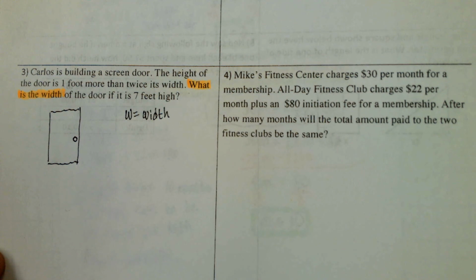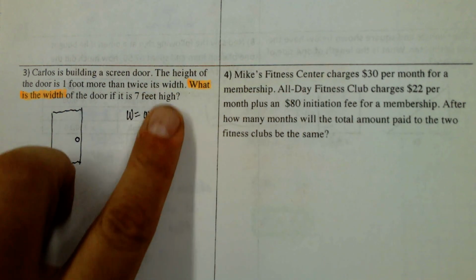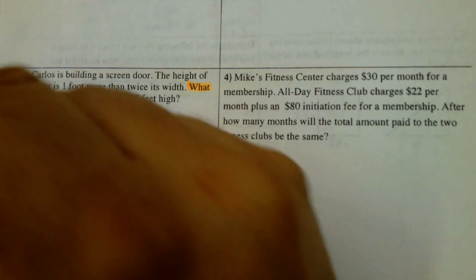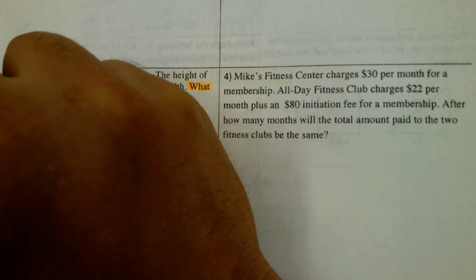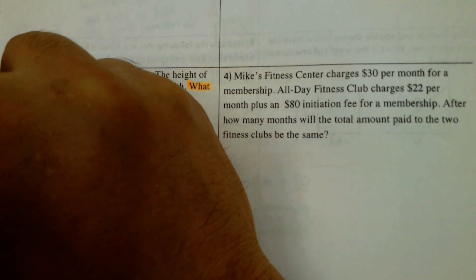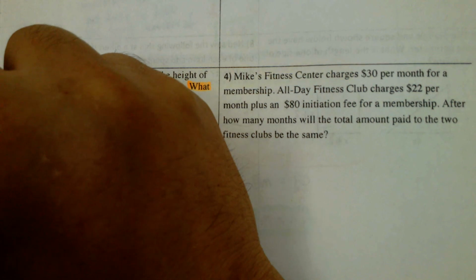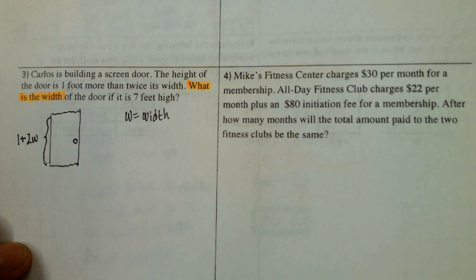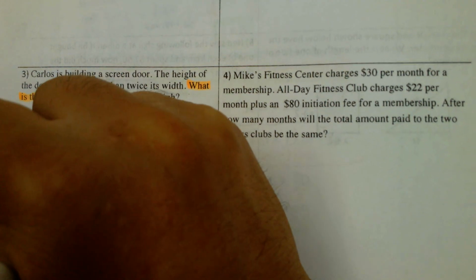There's the width. And they tell us the height of the door is 1 foot more than twice the width. So here's the height. And it's 1 foot more than twice the width. Here's the width. The width is just W.